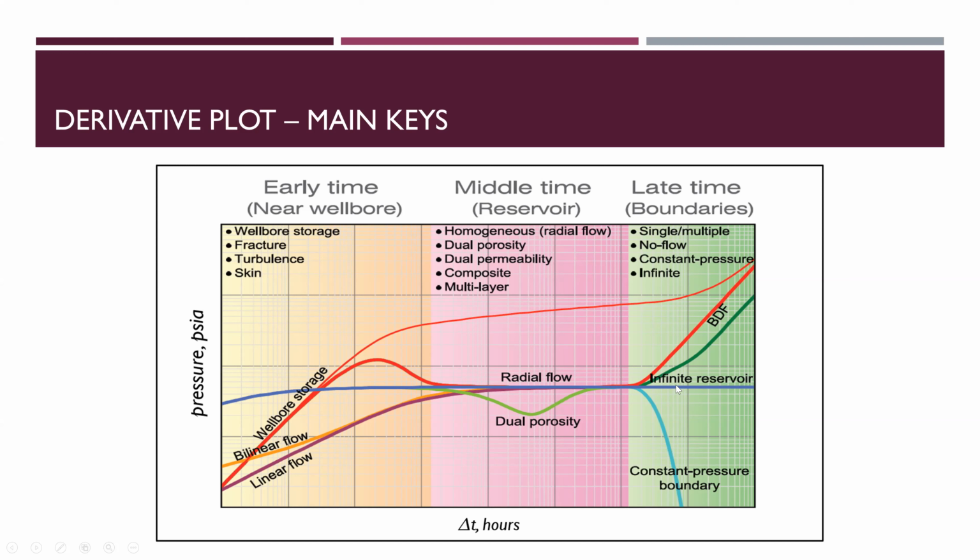However, here is still an infinite reservoir; we didn't see any boundary yet. However, the derivative goes down sharply like this only in one case, if we are dealing with a constant pressure boundary, a strong active aquifer.